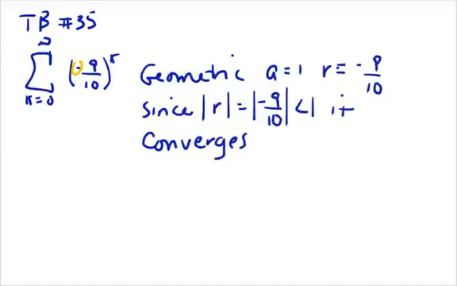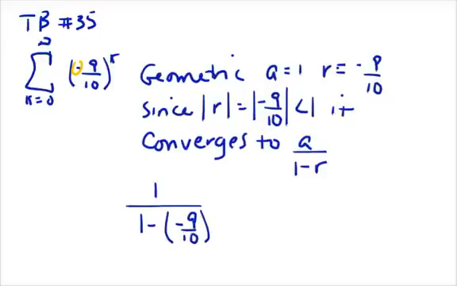And it converges specifically to a over 1 minus r for a geometric series. So this is 1 divided by 1 minus 9/10, which is equal to 1 over 19/10, which is equal to 10 over 19.